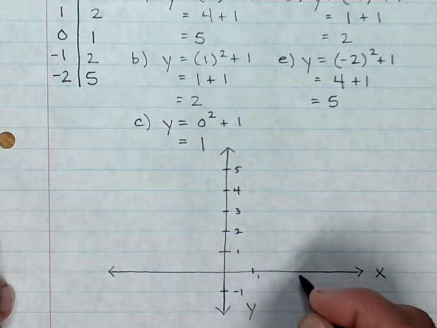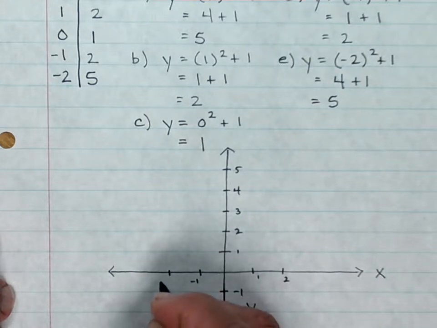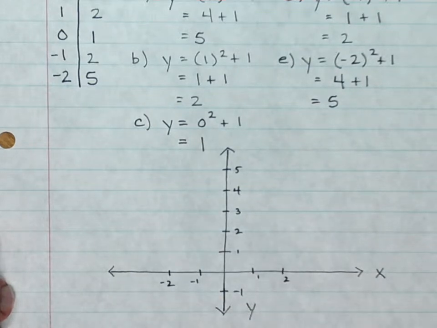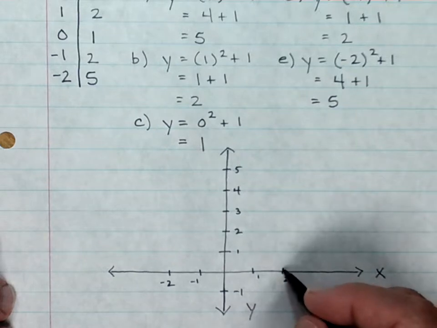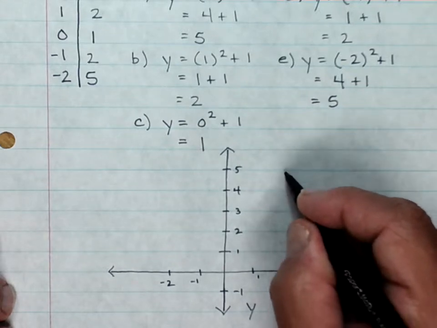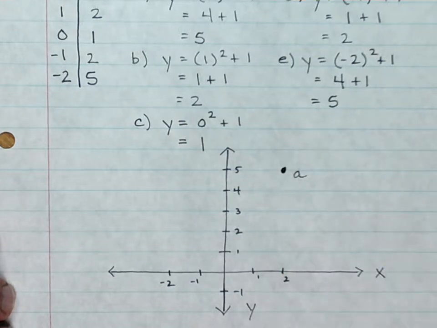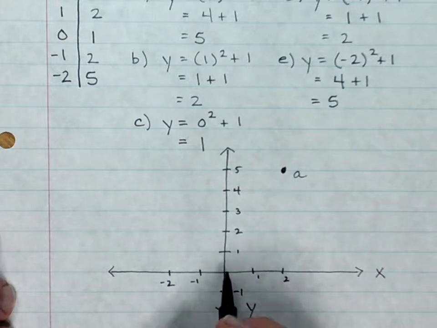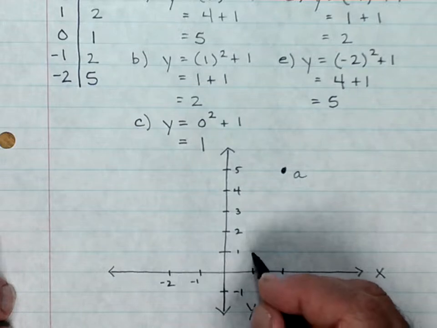This will be positive 1. This will be positive 2. This will be negative 1. And this will be negative 2. So when we put 2 in, we get a 5. 1, 2, 3, 4, 5. That's A. When we put a 1 in, 2 is the output.